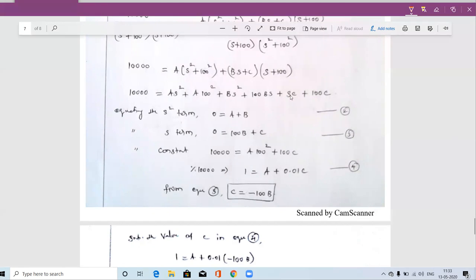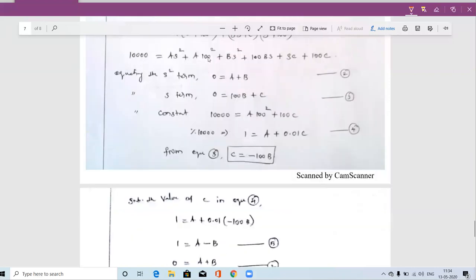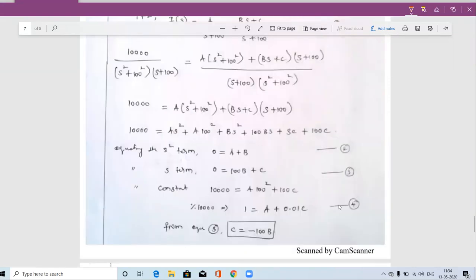Similarly, the s coefficient வந்து these two. Okay, you see these two terms are s terms, and these two terms are constant terms. Okay, two constant terms, two s squared terms, two s terms. Okay, if you are equating the s value, we will get this equation, and similarly if you are equating the constant, we will get this equation. Okay, by solving these three equations, we will get the values of a, b, c.